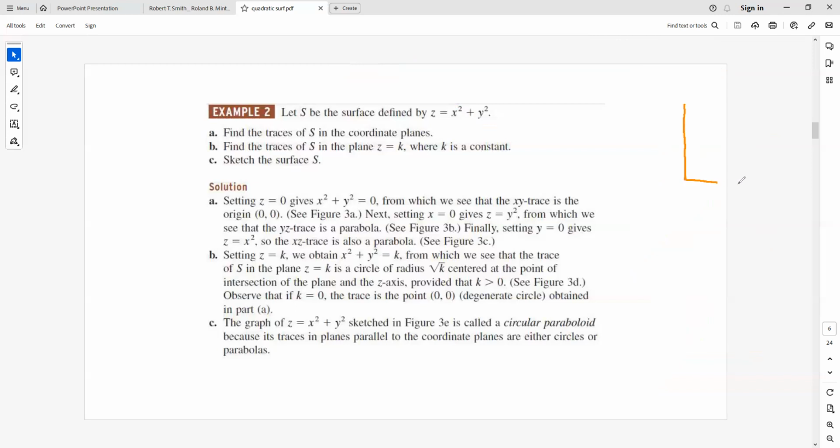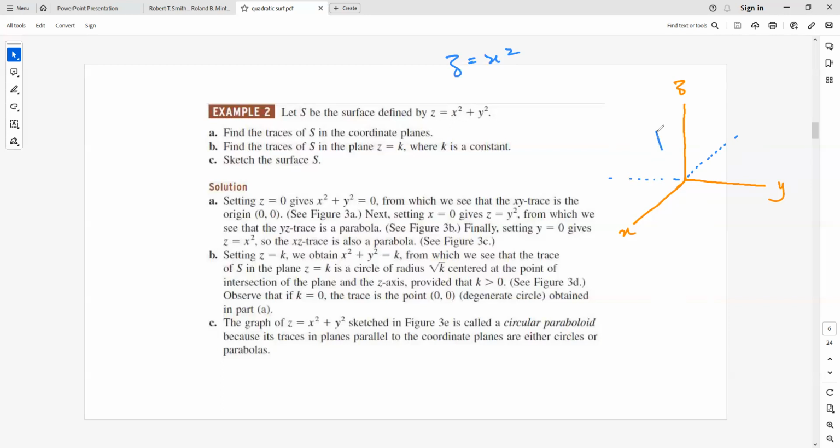So this is the coordinate system. This is x, this is y, this is z, and we already have drawn this earlier. That is z equals x squared. So it was like this.